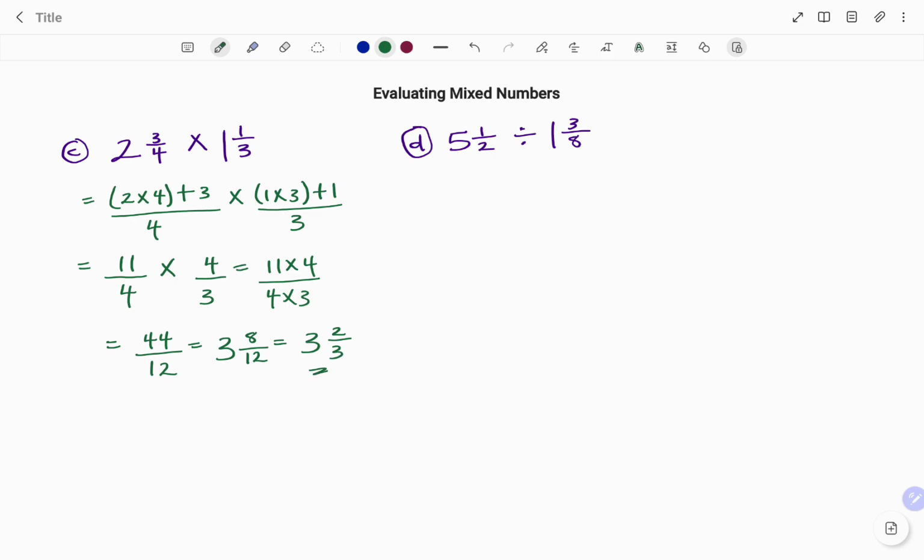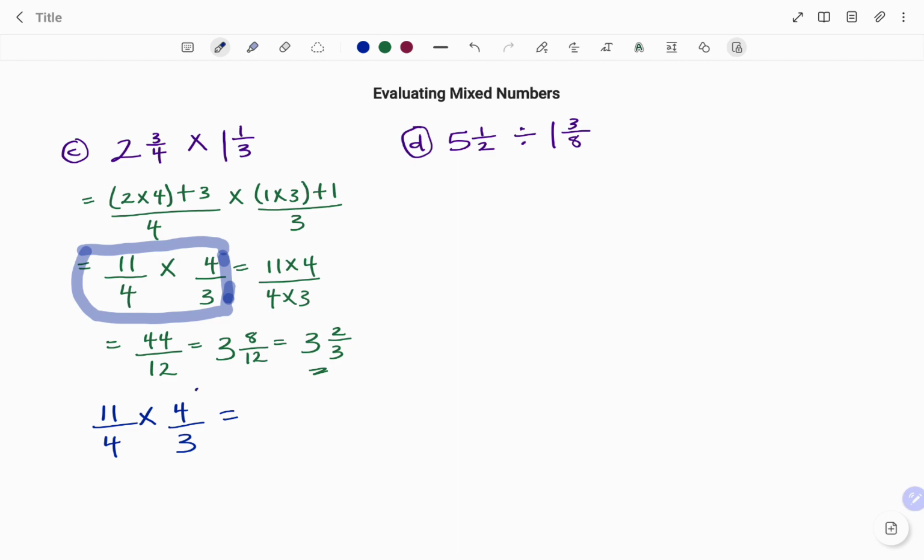The second method is what I call cross simplification. So I'm going to start from this box. So what I have is 11 over 4 times 4 over 3. In order to avoid multiplying big numbers, what I can do is cross simplify.